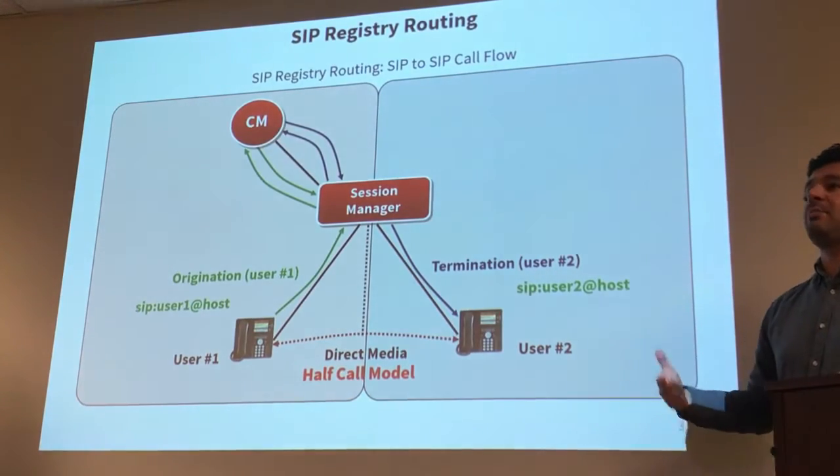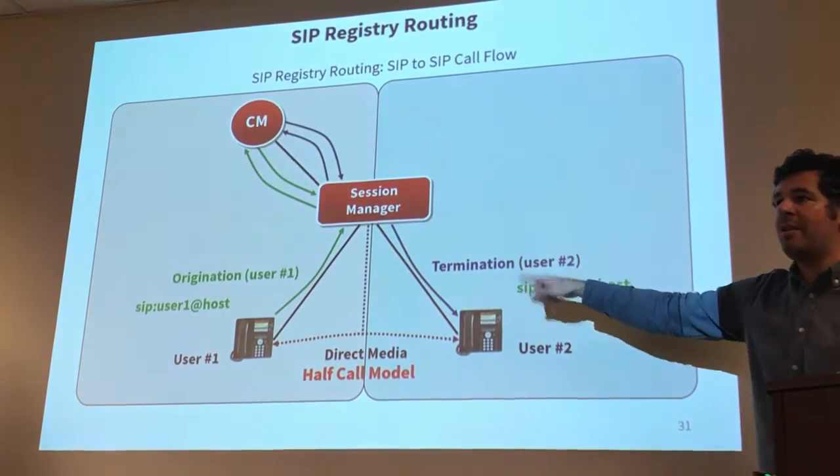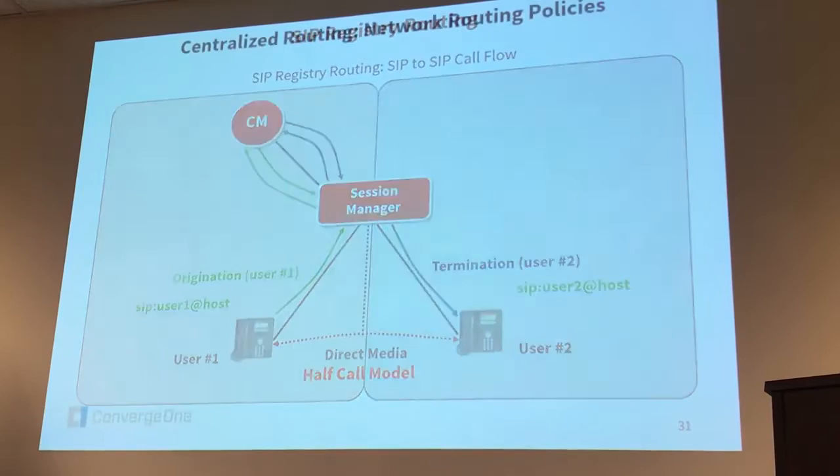And that's why you, as the administrator of session manager, don't need to do anything for this call to be routed. It's because the destination has a user profile in session manager. That's the main thing. That's the main question that you need to ask yourself every time you want to know how session manager is routing that call.